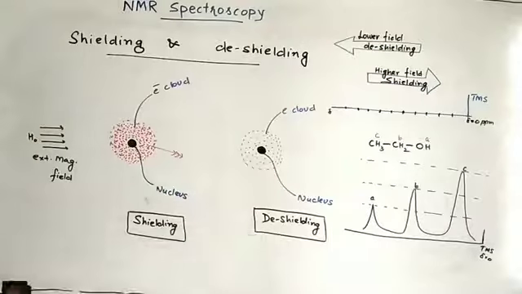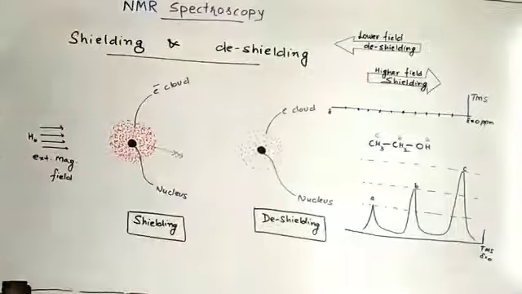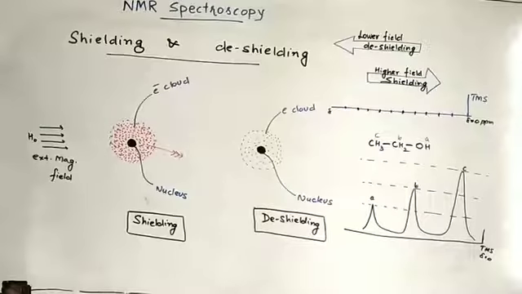That is called de-shielding. You can see here, de-shielding takes place at lower field. Okay, so this is all about the electron cloud. If around the proton the electron density is more, then the signal of that proton will go towards TMS, meaning shielding.